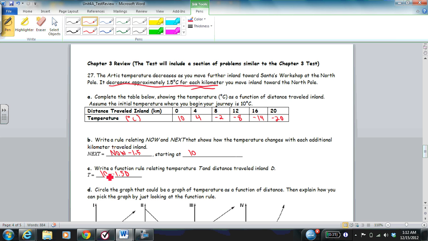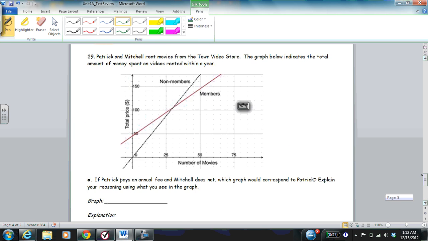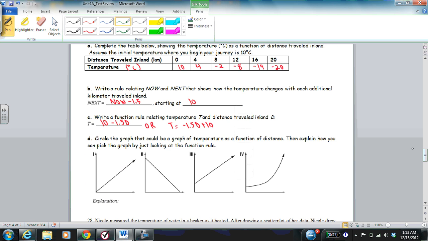So the rule is t equals 10 minus 1.5d, or you could write that as t equals negative 1.5d plus 10. So the y-intercept here represents the starting value of 10 degrees, and the slope of negative 1.5 represents our rate of change.